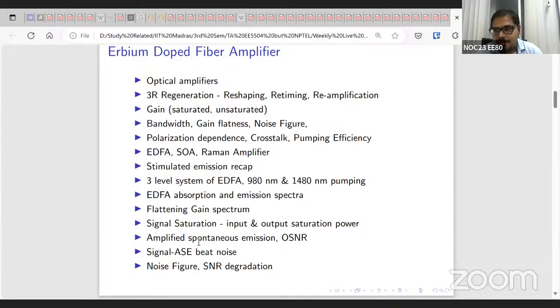you are restoring the signal, yes, but you're also adding noise. So at one point the signal will be buried in noise. After some large distance, you're not restoring the signal. You will have to convert it to electrical, demodulate and again encode.